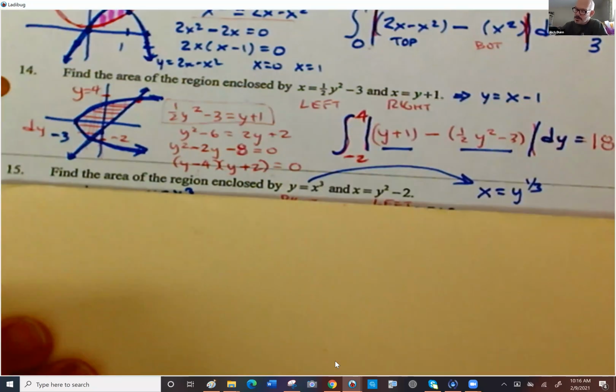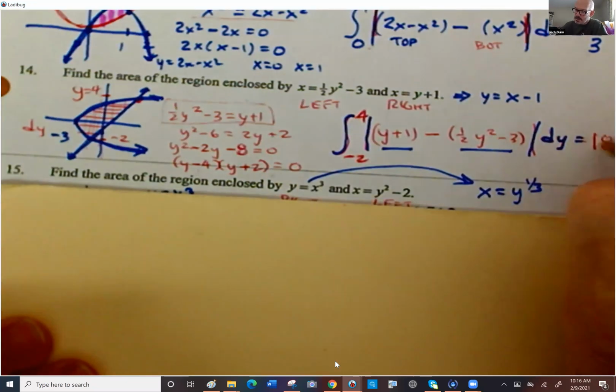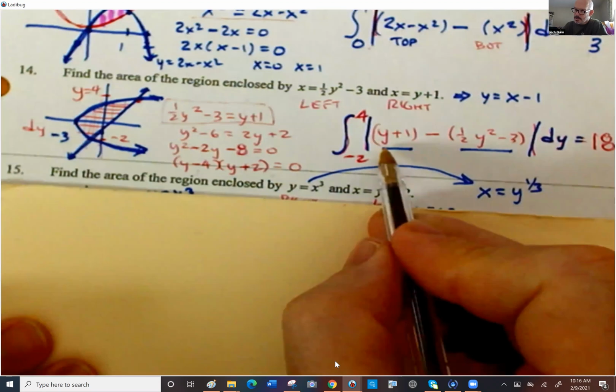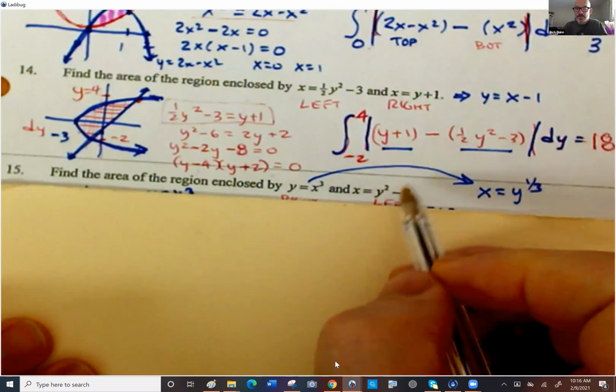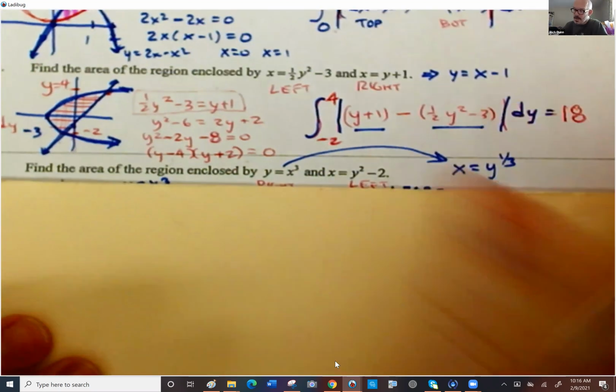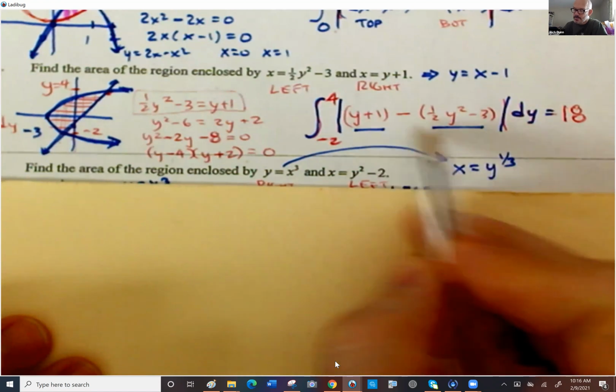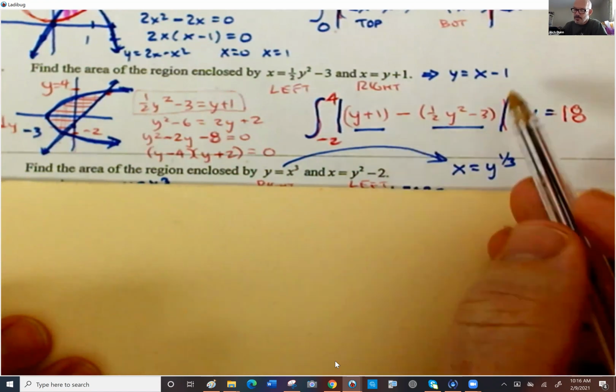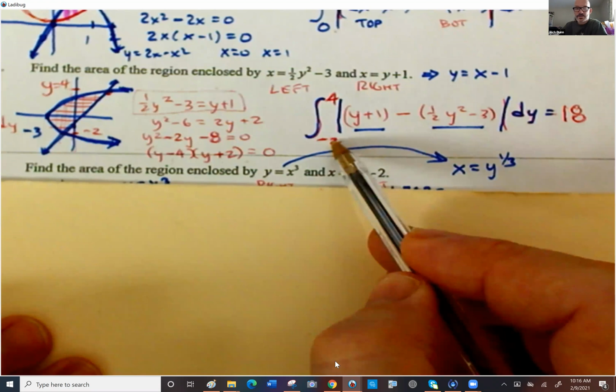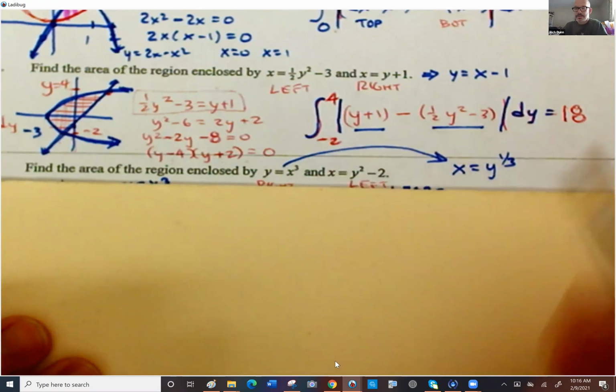Put that in your calculator and you'll get 18. This one, again, could be a non-calculator. You could see distributing the negative, combining like terms, antiderivative, evaluate from -2 to 4, you would also get 18.